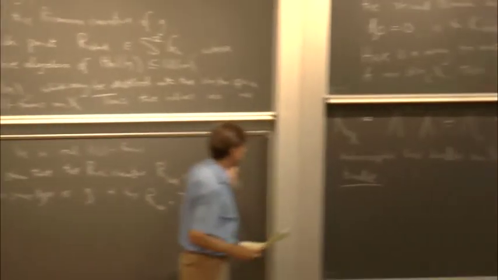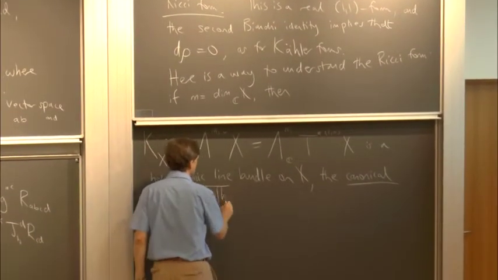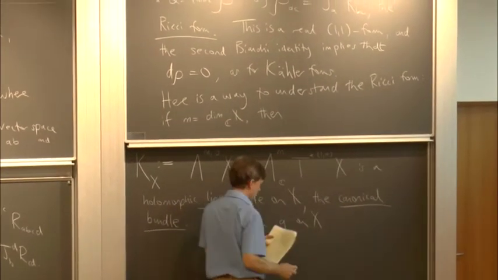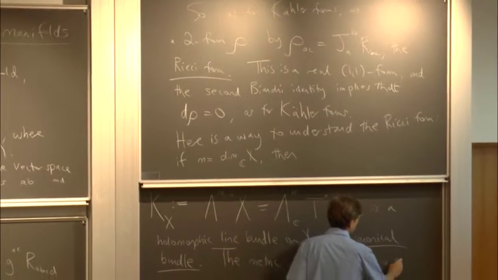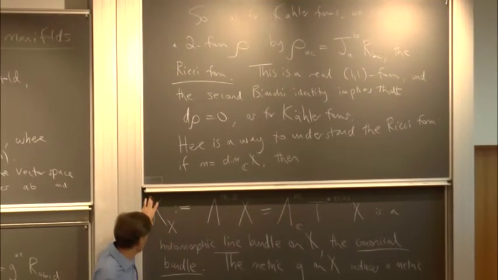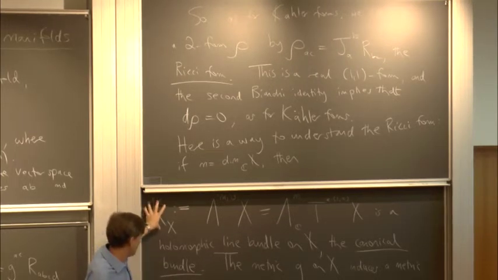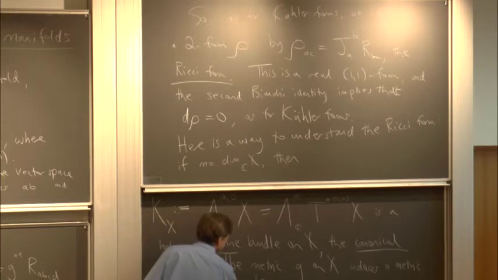It's something which is very important in algebraic geometry. And the metric g on X induces a metric in the sense of a metric on the fibres. So each fibre of K_X, which is C, gets a metric. So you know the kind of lengths of (m,0) forms. It induces a metric and a connection on the canonical bundle K_X.